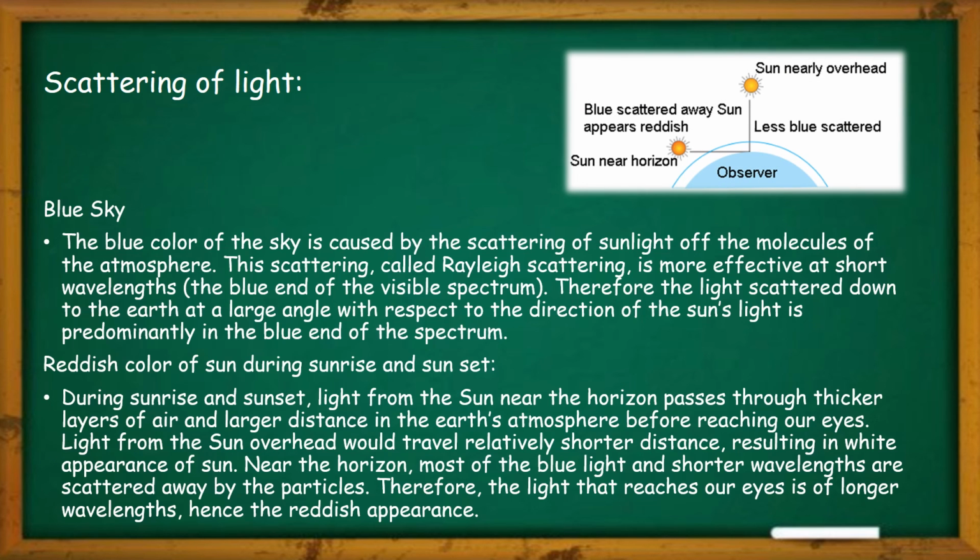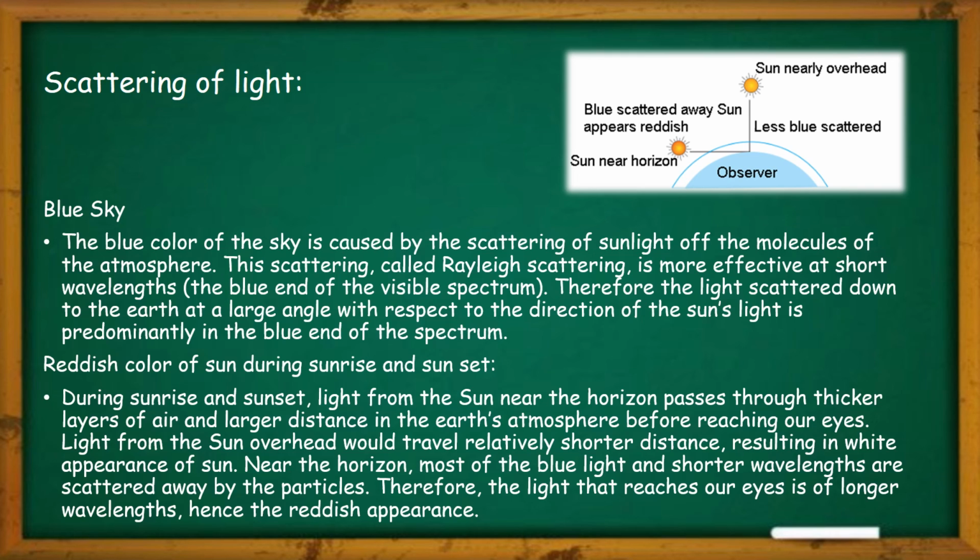Then the reddish color of the sun during sunrise and sunset happens due to atmospheric scattering also. During sunrise and sunset, light from the sun nearer the horizon passes through a thicker layer of air and travels a larger distance in the atmosphere before reaching our eyes.